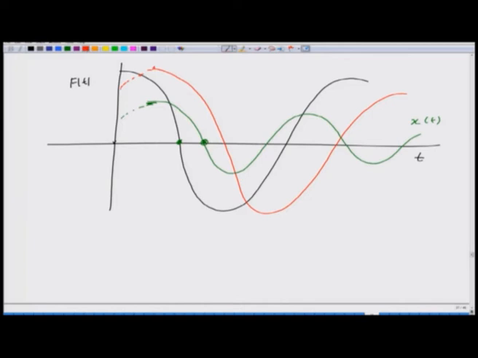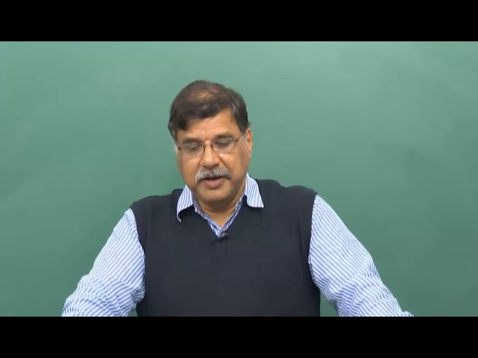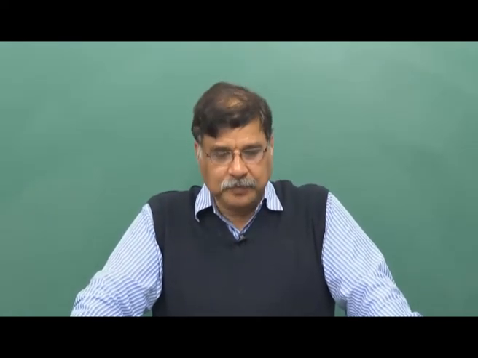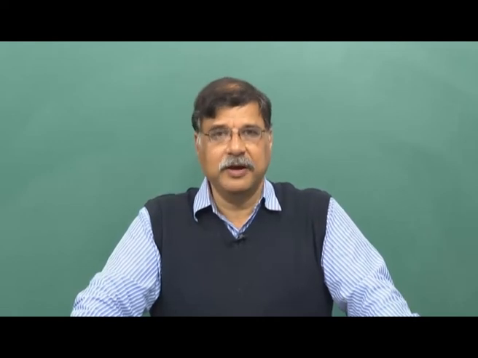Let me erase the red curve now, to remove the confusion. So, it lags behind, and this difference is phi divided by omega. Now, does the phenomenon of resonance take place? I hope by now I have made it very clear that the steady state solution has the same frequency as the applied force.